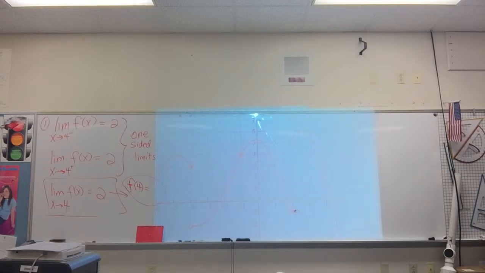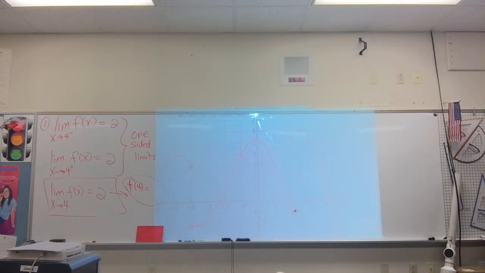If the limit exists, in this case it's 4, and the functional value is 4, then that actually means the function is continuous at x equals -1. It's continuous right here because I'm not going to have to pick up my pencil if I go from the left or from the right when I hit 4, or I hit the -1. Okay, we're going to delve into that a little bit later.